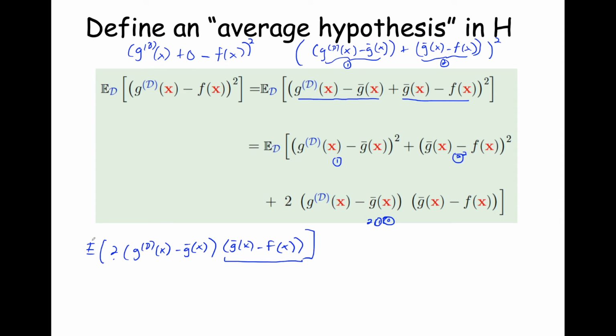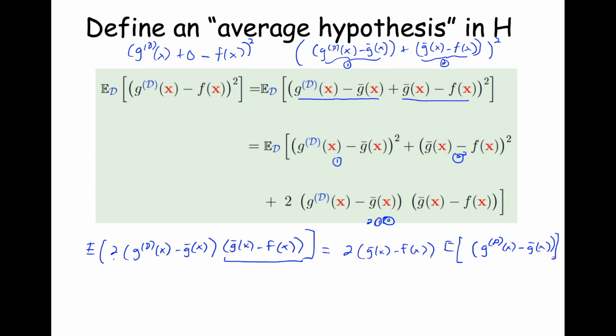I can bring that out because the expectation of a constant is this constant times the expectation. And we note that this second term does not involve the data set, this script D, and it is a constant underneath this expectation. I could also bring this out. That gives me 2 times g bar of x minus f of x, times the expectation of g script D of x minus g bar of x.